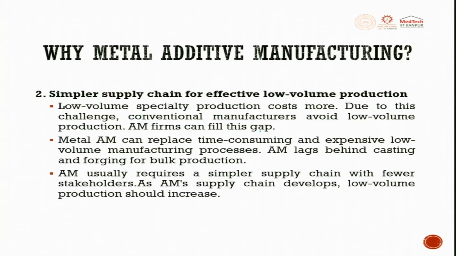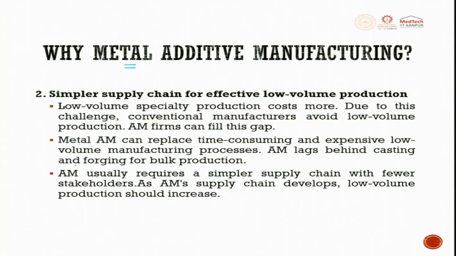Otherwise, people always used to do it through the machining route. In the machining route also, for very low volume, it becomes very expensive if you have really intricate parts. So, that gap is filled by additive manufacturing, especially metal additive manufacturing. Metal AM can replace time consuming and expensive low volume manufacturing processes.